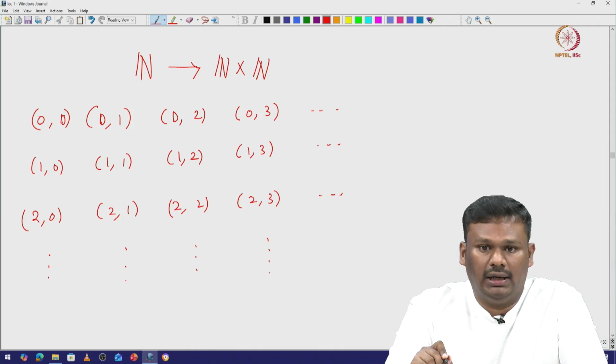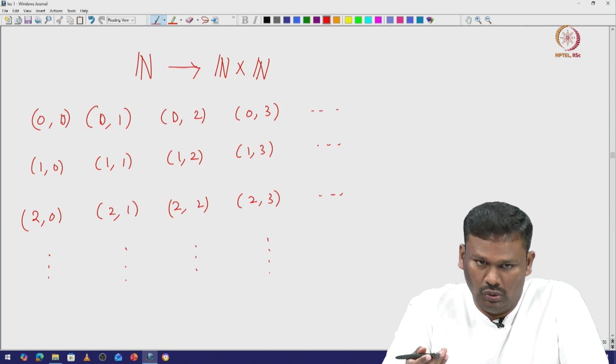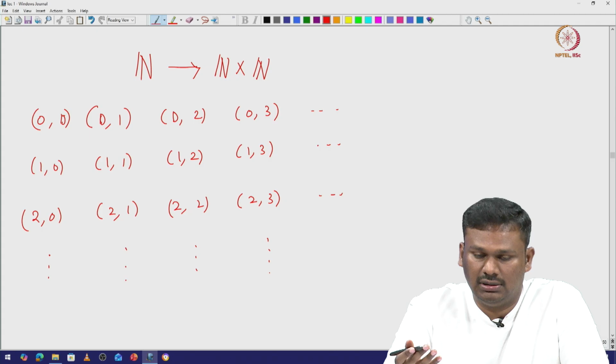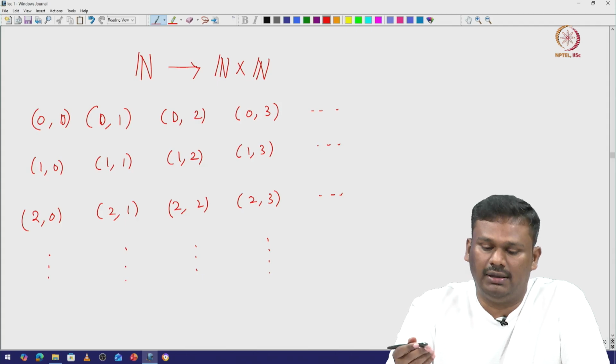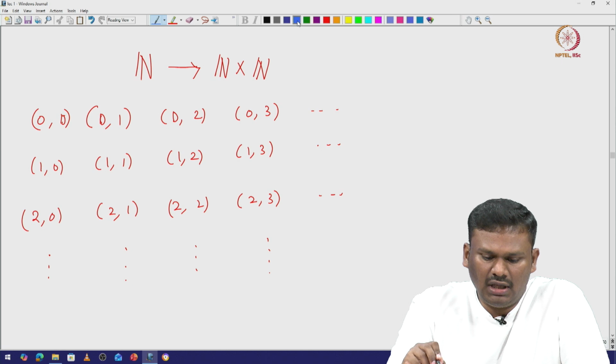Now I want to define a function from N to N cross N. What I need to say is where 0 goes, where 1 goes and where 2 goes. For that, I am going to use the following trick.